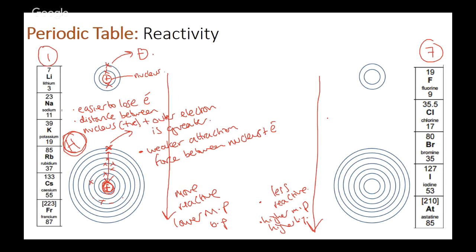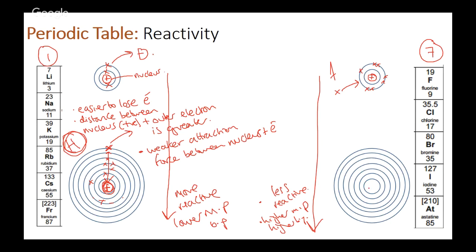The opposite can then be said for group 7, which is the halogens. They are in group 7, therefore they have 7 electrons on the outer shell, again with a positive nucleus. They're going to want to gain an electron. If you are a smaller atom, it is easier for you to gain an electron to get a complete outer shell, because there is a smaller distance between the outer shell and the nucleus, so a stronger force of attraction.